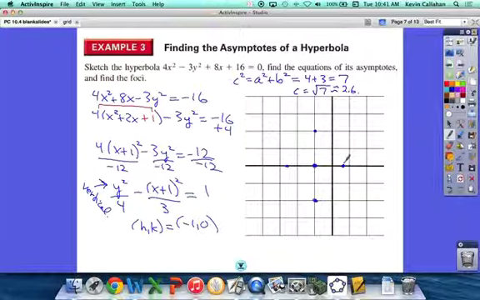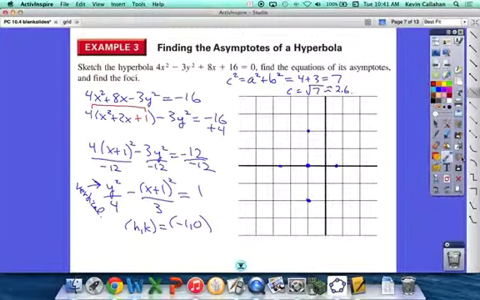Okay, what do we do with those 4 points? Make a box. Here's our box. That's pretty good. And then what do we do with that?